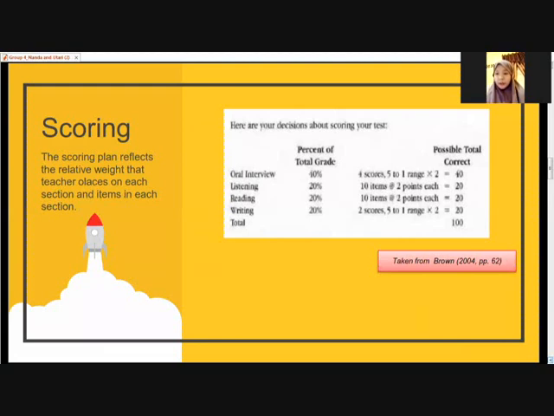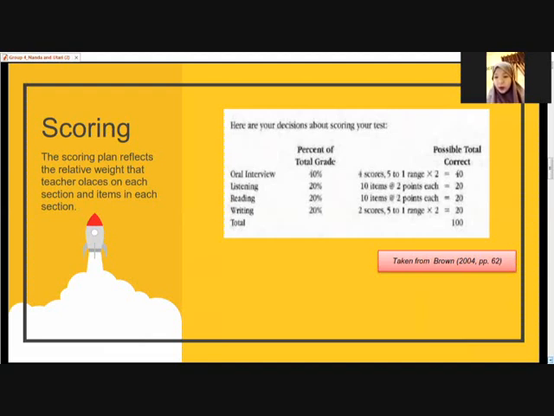Okay. And then we continue to scoring. The scoring plan reflects the relative weight that the teacher places on each section and items in each section. As you can see in the table, it is a decision about scoring your test.